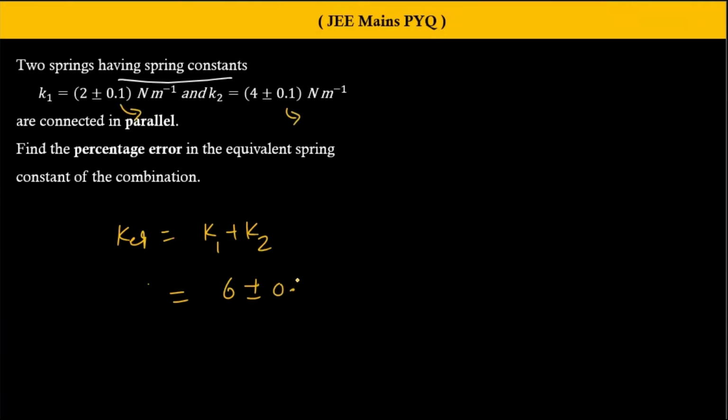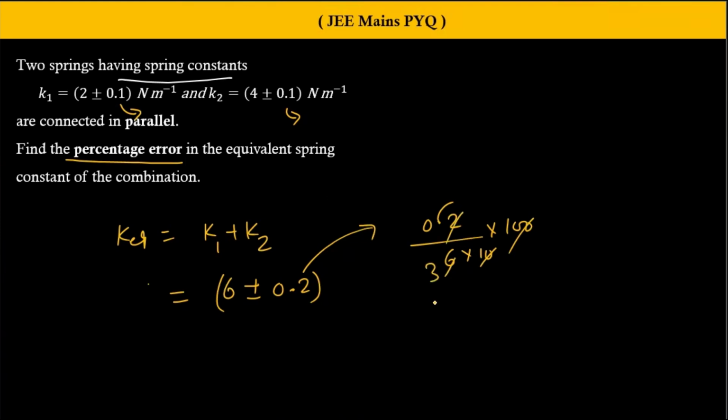So this will become, sorry, 0.2, right? So we have to calculate percentage error. Percentage error is what? Absolute error, that is 0.2, divided by value of that quantity, that is 6, into 100. So this will become 10/3, that is 3.33%.